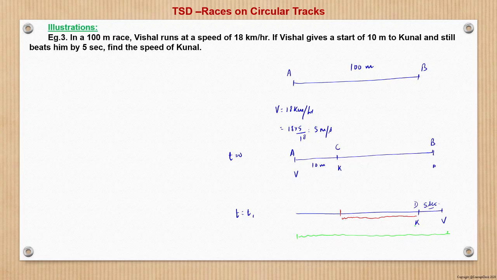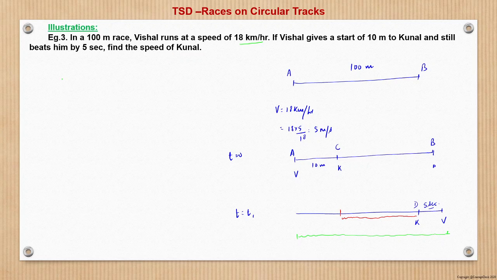So now this is the interpretation of the problem. Now see, here it says that Vishal runs at a speed of 18 km per hour, which is 5 meter per second. If Vishal gives a head start of 10 meter and still beats him by 5 seconds, find the speed of Kunal.